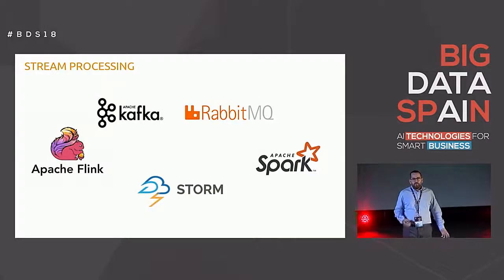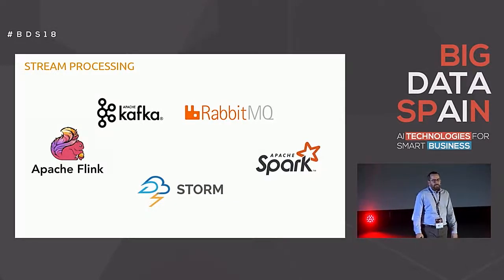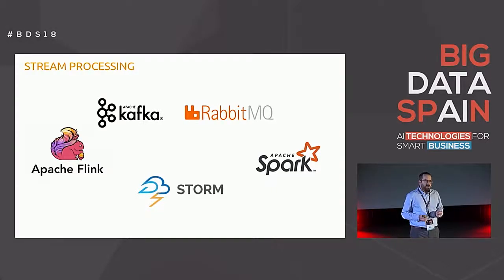With respect to stream processing, we have a good set of tools to implement solutions. We have data stream processing frameworks to implement applications. We have solutions to integrate different components, like Kafka or RabbitMQ.